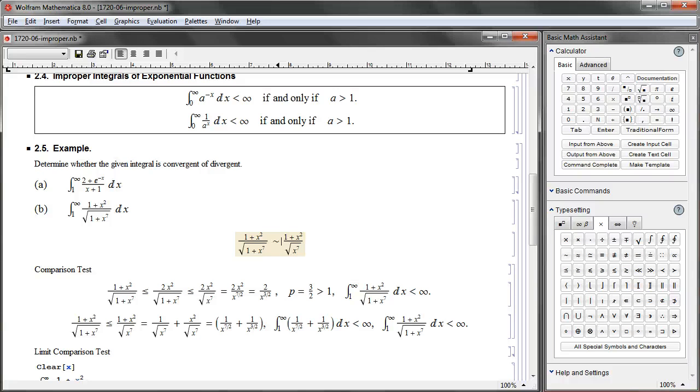So throw that away in the denominator and also the numerator. Then what do we have? We have a power function, x to the 2nd power, over x to the 7/2 power. Consequently, we have x to the 3/2 power. This time the p-value is greater than 1. We can clearly see that we're going to get a convergent integral.